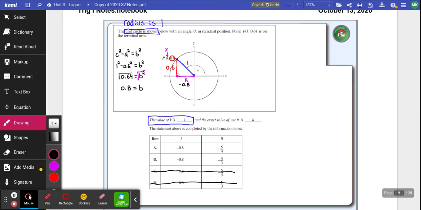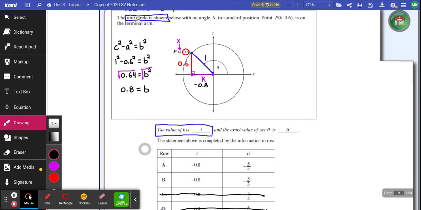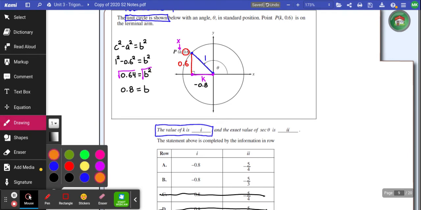Your next job is to figure out secant of theta. Secant is the reciprocal of what? The reciprocal of cos. Perfect. We're on the unit circle, so cos means x value. Our x value is negative 0.8.